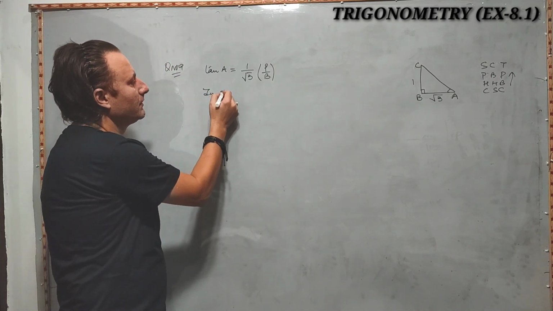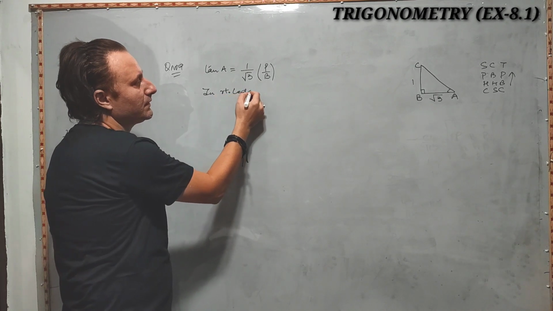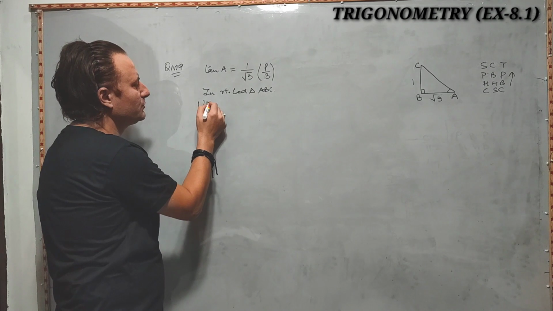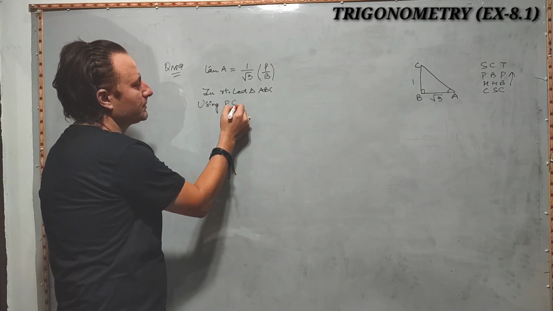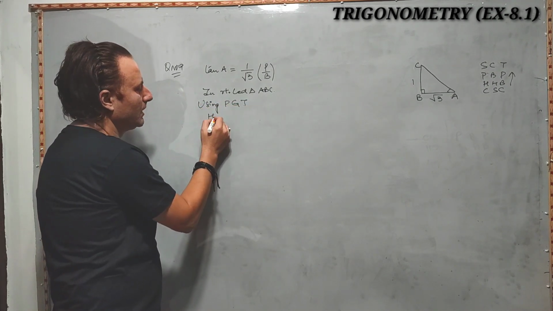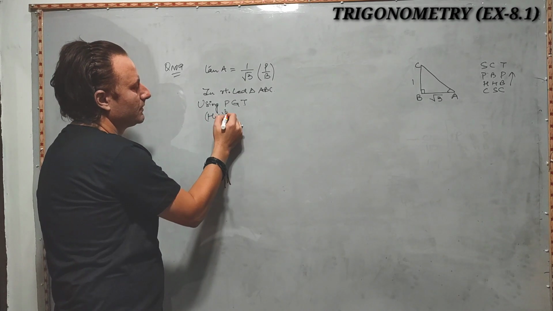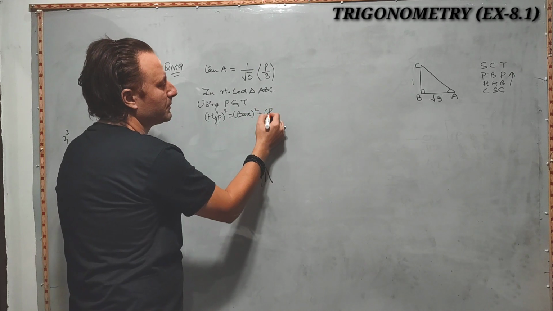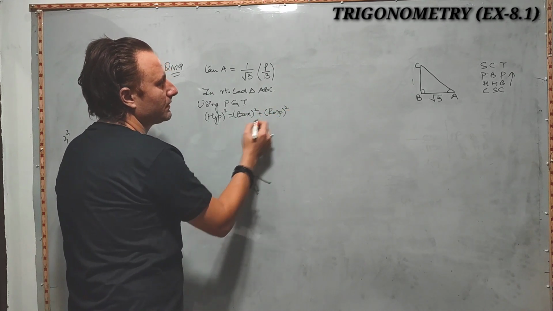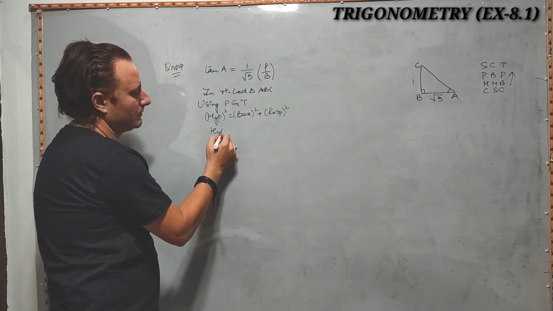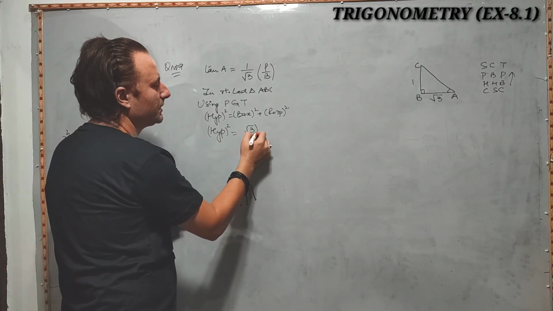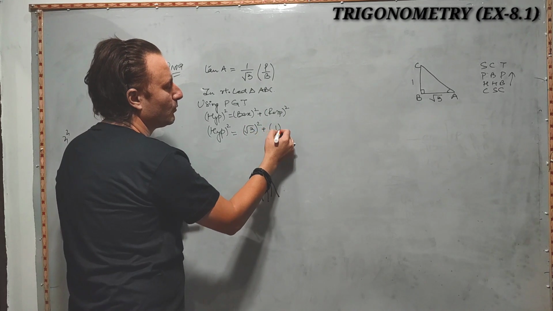So in right angled triangle ABC, using Pythagoras theorem, hypotenuse square is equal to base square plus perpendicular square. Hypotenuse square, then we have base, that is under root 3, and perpendicular 1.